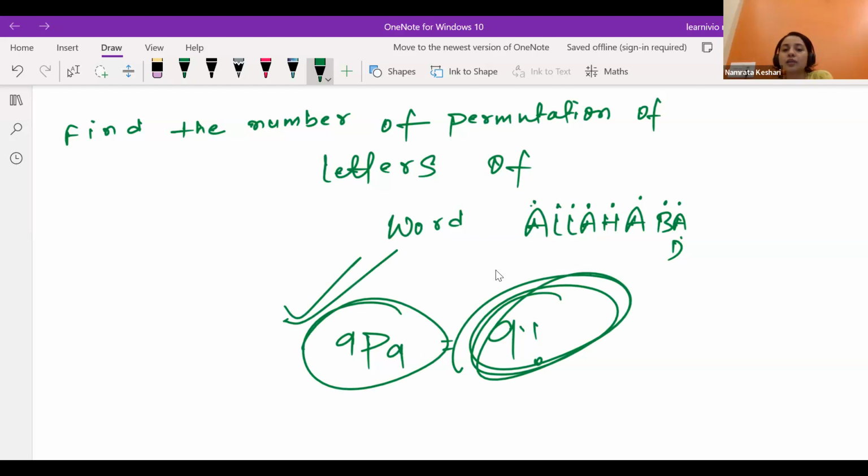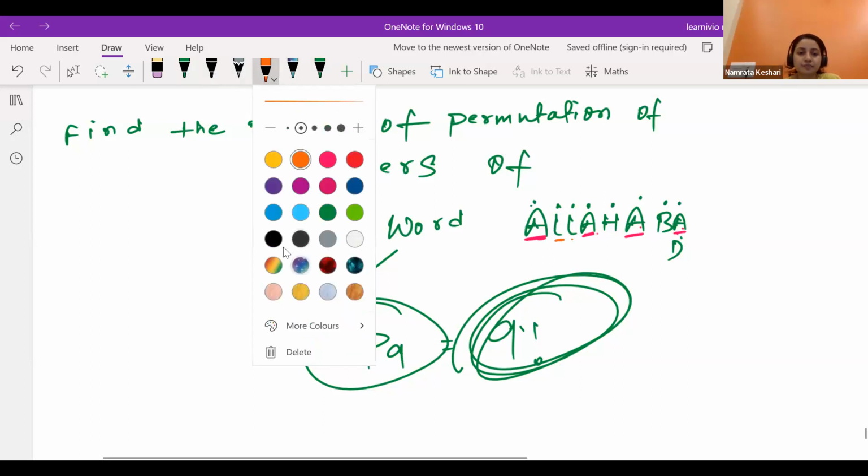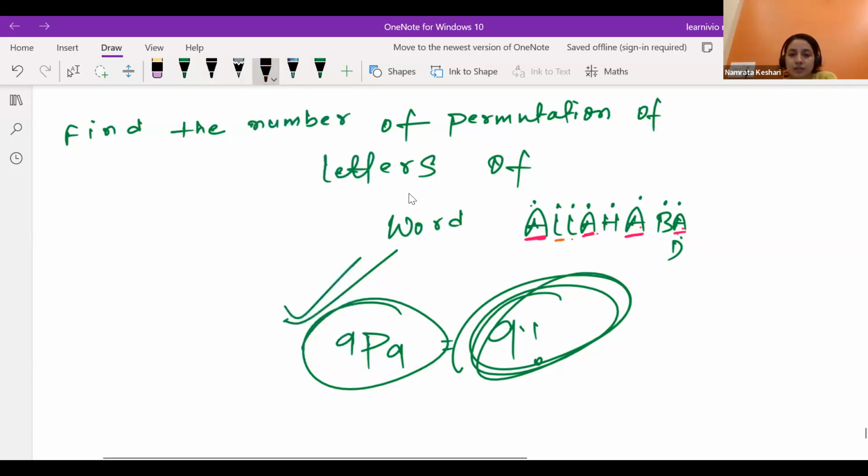Now I was talking about when the objects will not be distinct. See here how many A's are there: one A, another A, another A, 1, 2, 3, 4. We have 4 A's. And what else? 2 L's. Anything else?